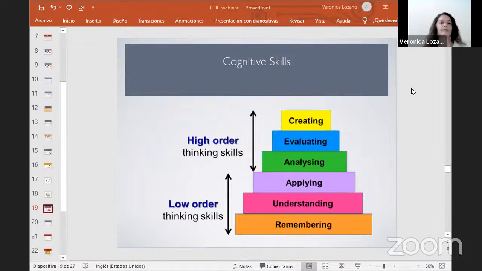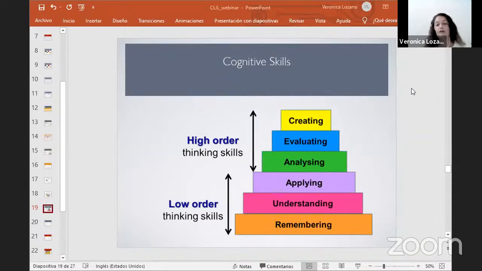When we talk about thinking skills, we refer to these mental processes such as remembering, understanding, applying, analyzing, evaluating, creating. So low order thinking skills are less complex processes and higher order thinking skills are higher processes.